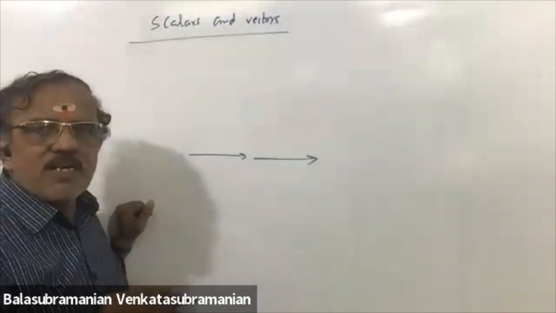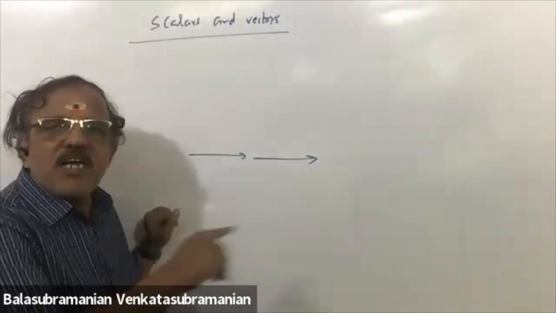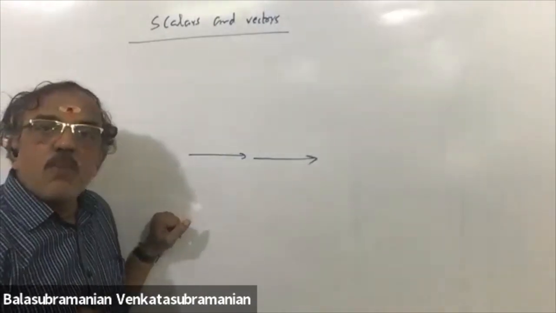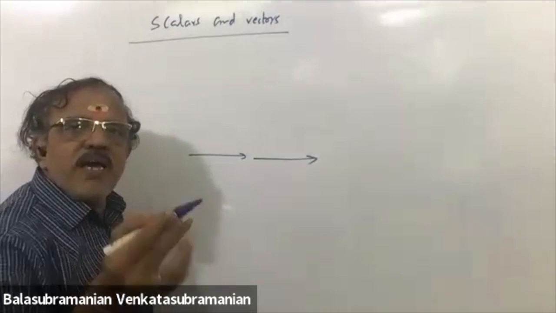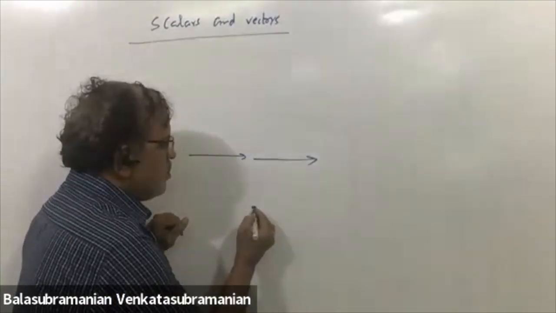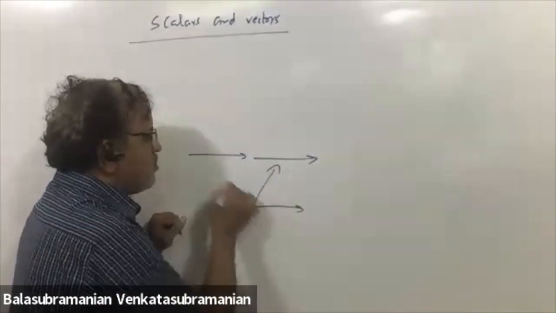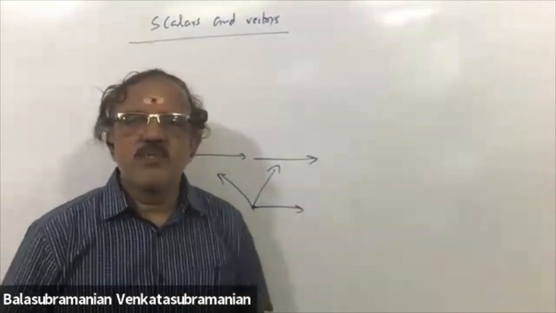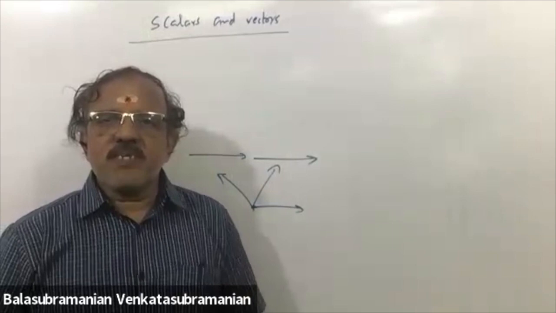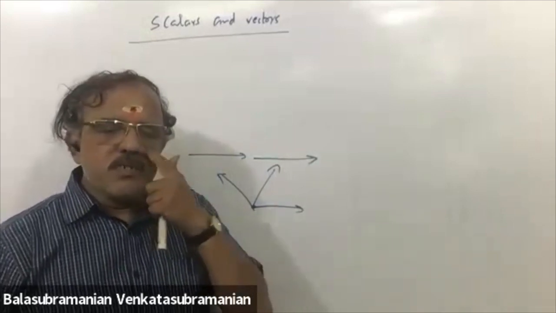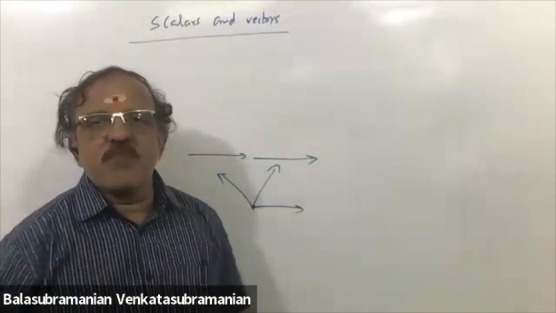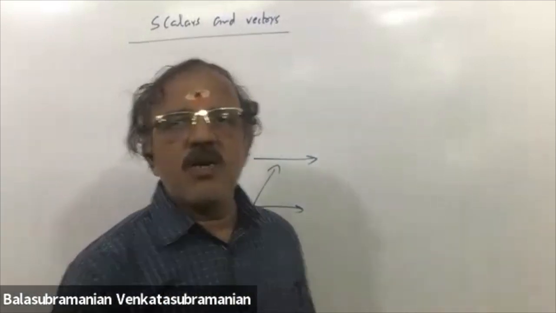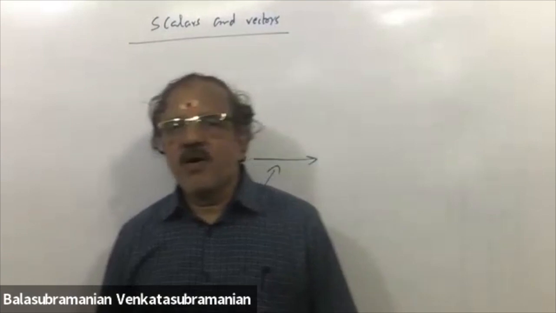Co means similar, same, representing on the same line, collinear. Coplanar, same plane, anywhere. This is a plane, the board is a plane. So the vectors representing different directions it may be, but they should be in the same plane. Then you can call it coplanar.